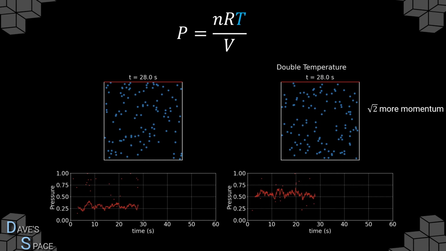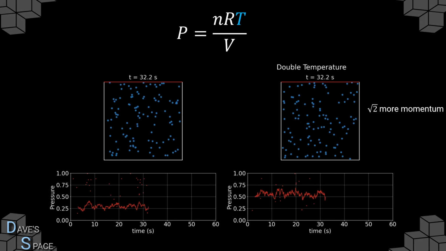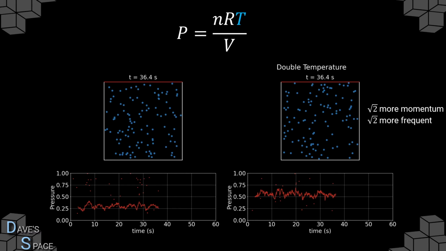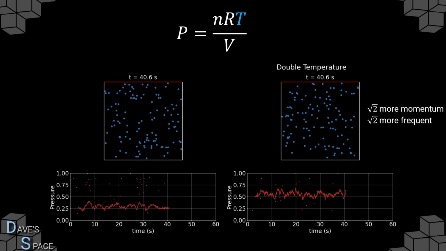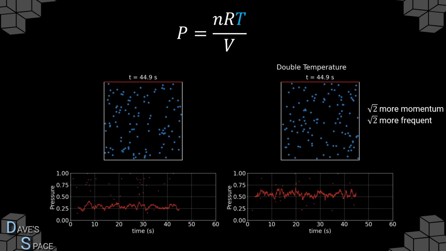That is to say, the particles exchange root 2 times more momentum with the line on average per collision, and they also collide root 2 times more frequently, resulting in a force twice as large and hence a pressure twice as large, which again we can see on the line on the bottom.